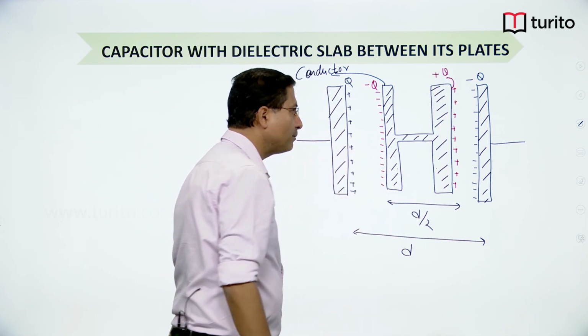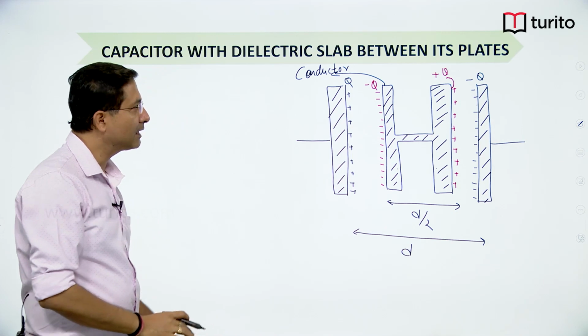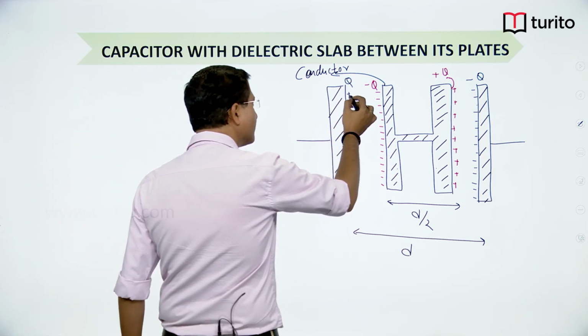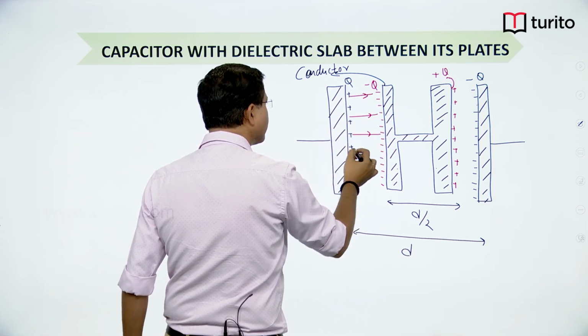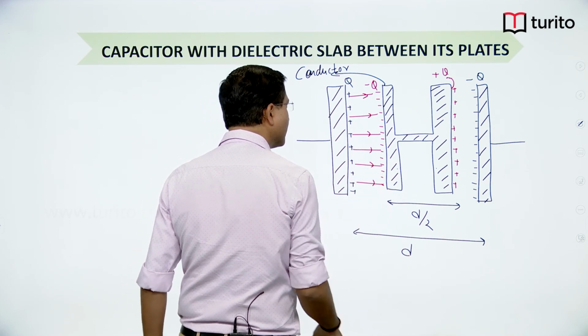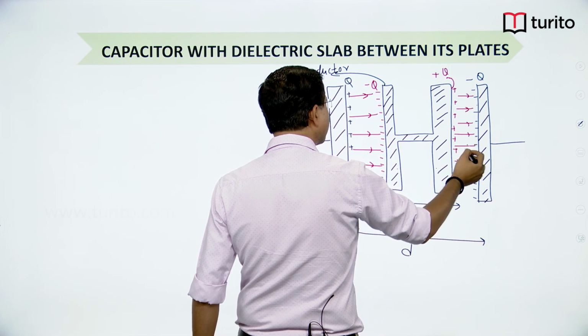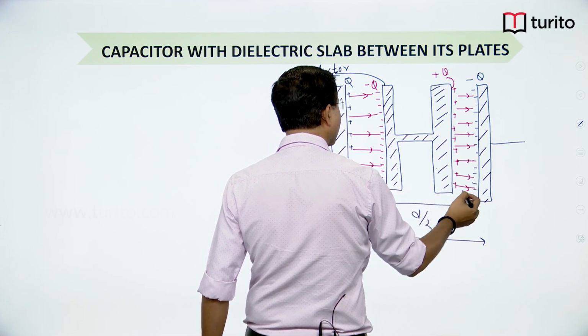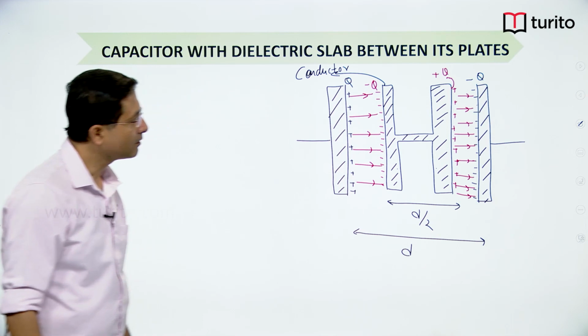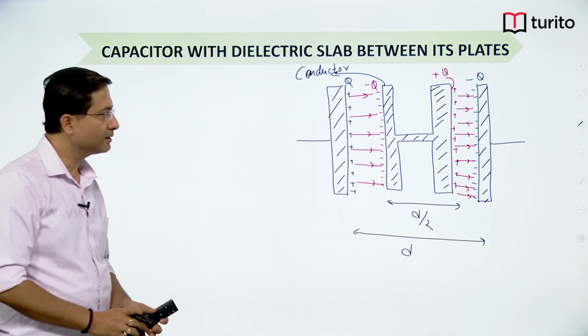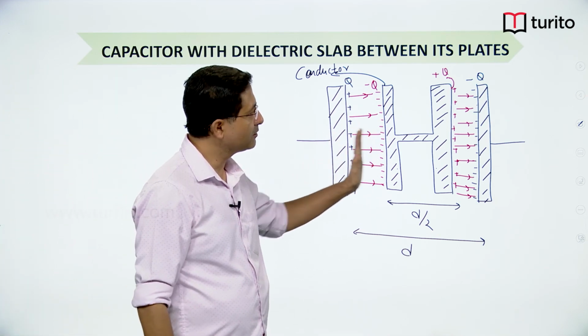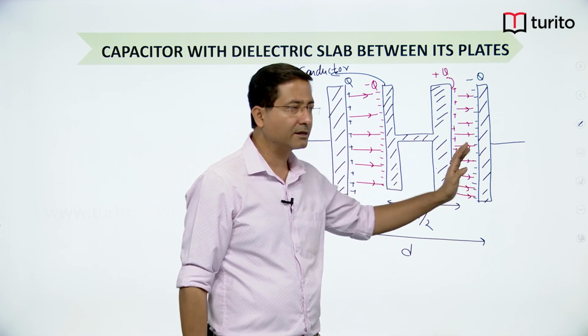So, if you look at the field pattern, then field lines will be from positive to negative, and here field lines will again be from positive to negative. So, field lines will be like this. So, here I can see that this space is behaving as a capacitor and this space is behaving as a capacitor.